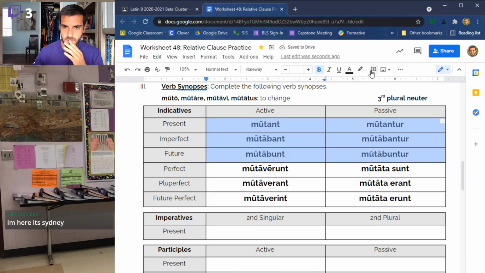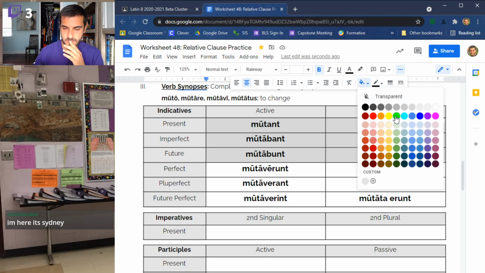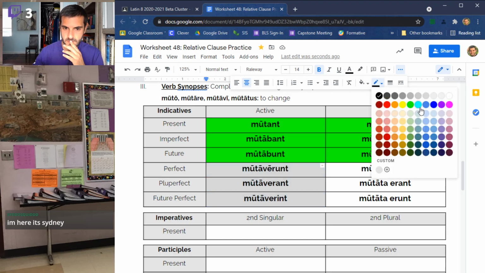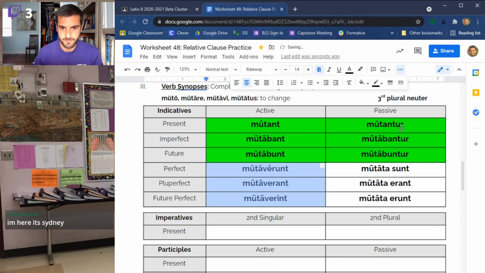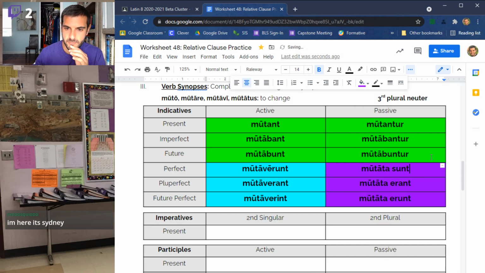And if you remember our little color coding situation, remember we had the greens up here, we had the blues down here, and we had the purples down here. Just gotta jog your memory with the color coding.